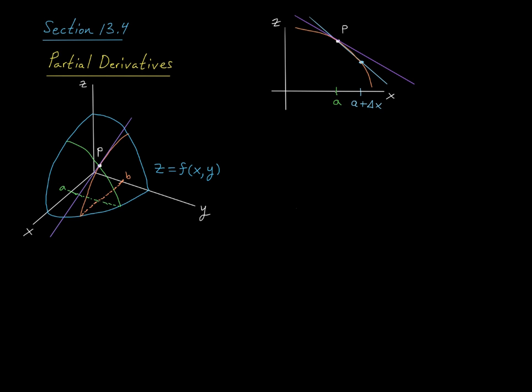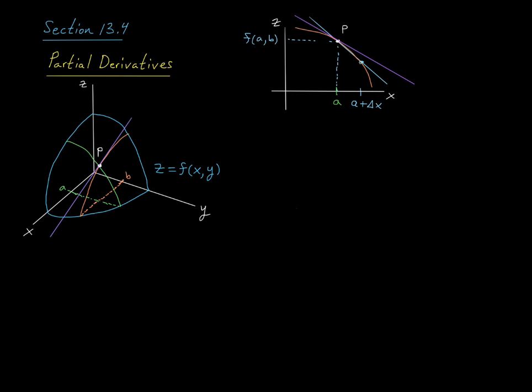Now here at this point at a, the height for z would be what? Coming back here, P is the point on the surface, and the x coordinate is a and the y coordinate is b, and so the height for z would just be the result of plugging in a and b into our function.